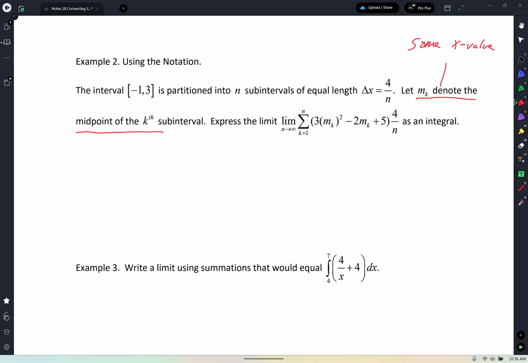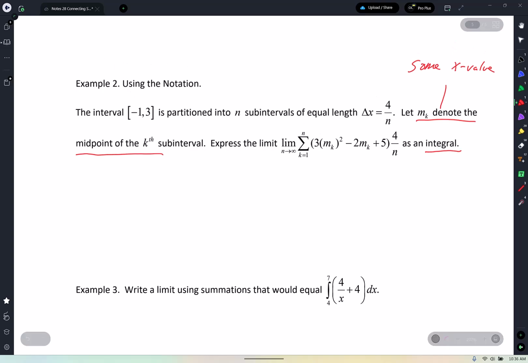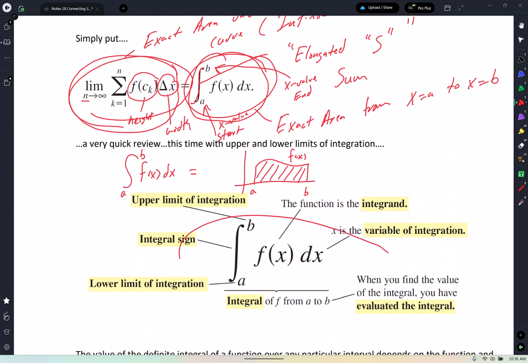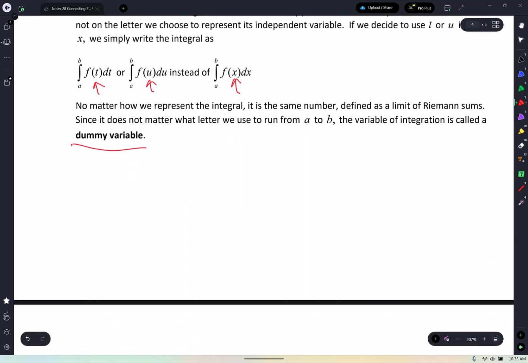Express the limit as n approaches infinity of the sum from k equals 1 to n of 3 m_k squared minus 2 m_k plus 5 times 4 over n as an integral. Child, what's an integral? This is what we just did. Focus, guys. So they want you to go from sigma notation to integral notation. Relax. You don't have to worry.